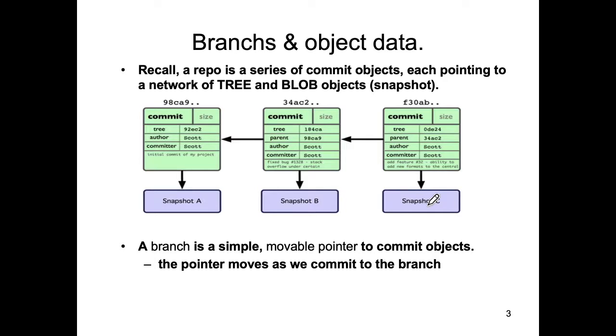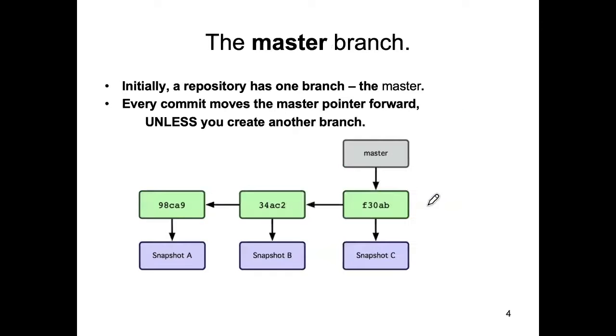And really all a branch is a simple little file that contains the hash of the last commit that you did to that branch. Okay, so we can visualize it as a pointer to a particular commit object.